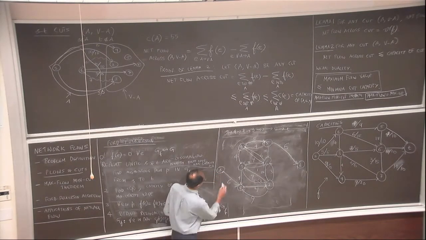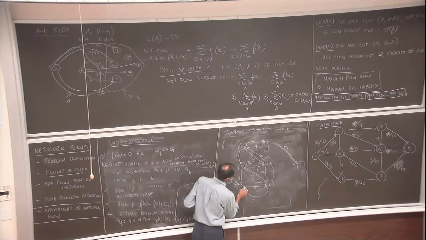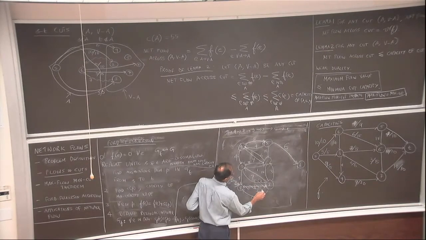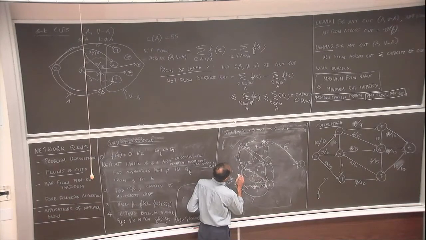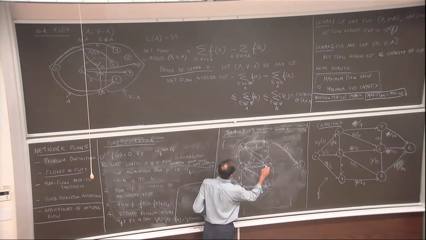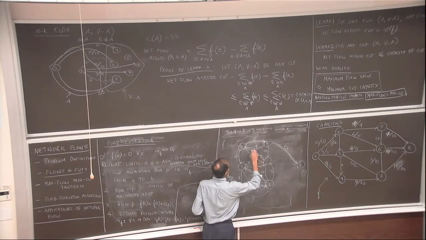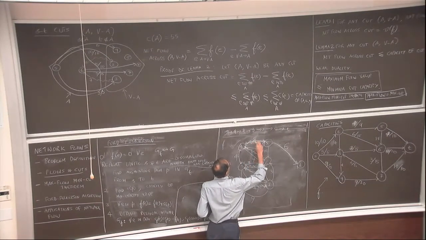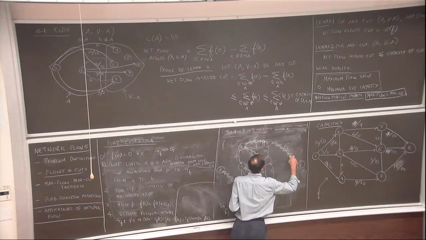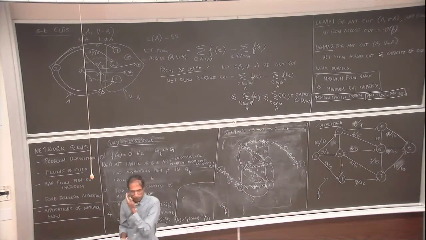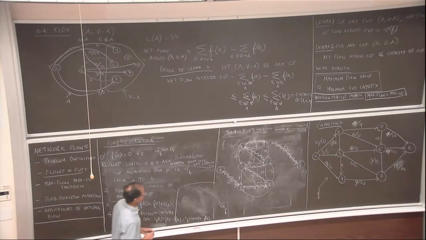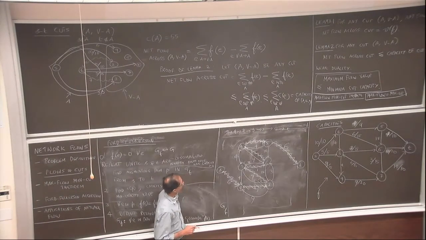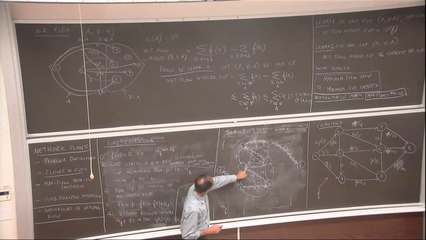So S to 4, 4 to 7, 7 to 3, 3 to 6, 6 to 2, 2 to 5, to T. Okay? Good. All right. How much flow can we send along this path? 1. And which edge is that 1? 3 to 6.